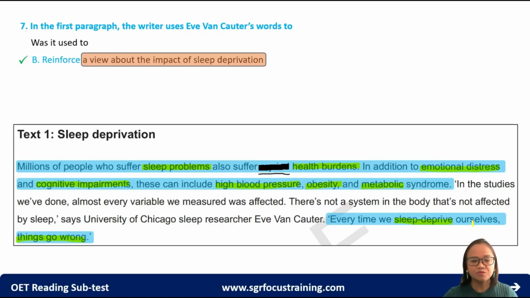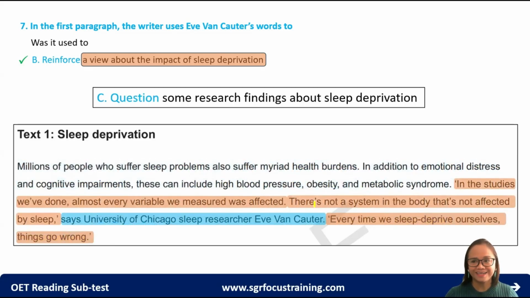So every time we sleep deprive ourselves, things go wrong. So that means that letter B looks like the right answer that we are looking for. But in order to be sure, we're also going to look at letter C. And in letter C, we can say that the writer is questioning some research findings.